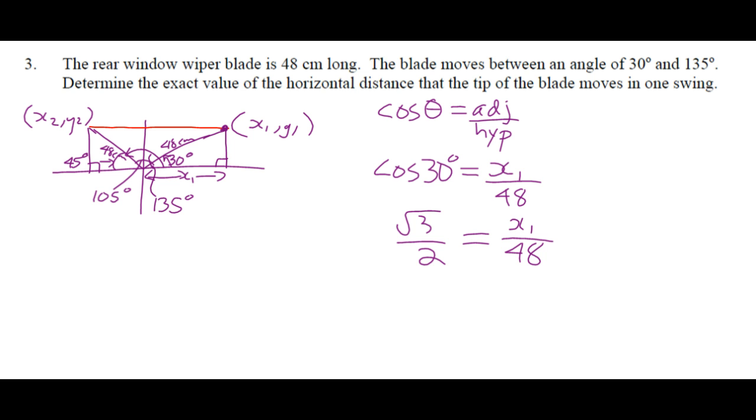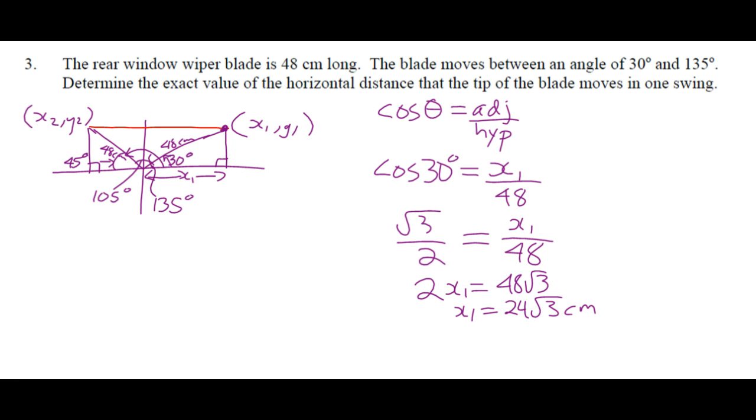Okay, so what do we get? 2x1 is 48 root 3. So what's x1? 24 root 3 centimeters. Now there are units, right? So we have worked out this distance is 24 root 3 centimeters. What's the next thing we're going to do?